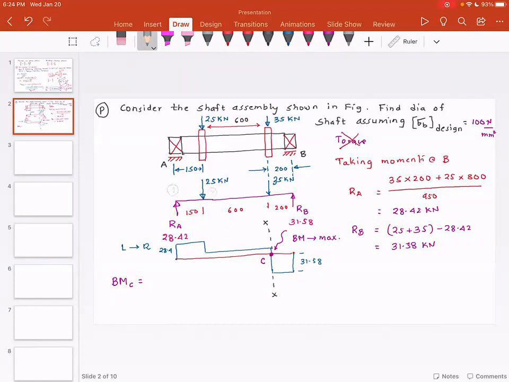On the other hand, on the right of C, there is just one force. So it's easier to take the moment of the forces on the right of C.